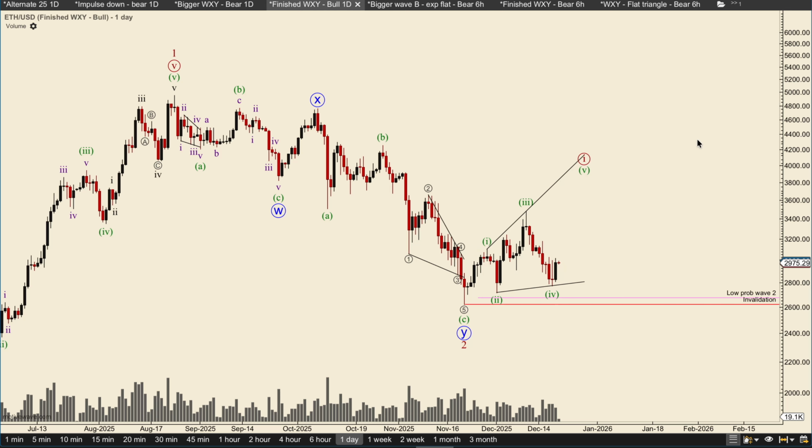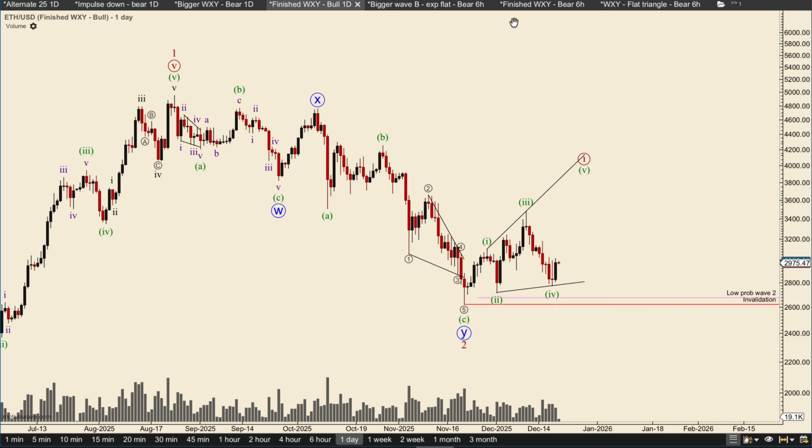So the invalidation here, the only bullish is this, taking out this low. Other than that, we are looking for downside, and that's the power of Elliott wave, to have a directional bias. The probabilities are higher that we are looking for lower prices and taking out this low sooner or later.